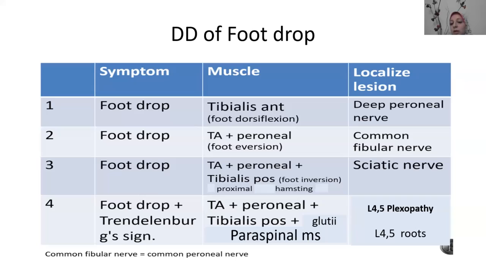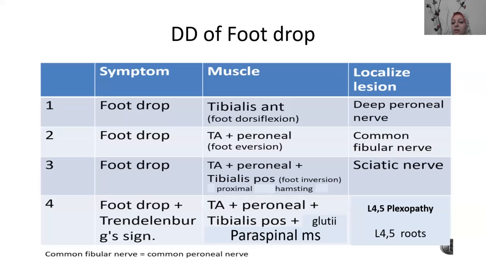If it is confined to the deep peroneal nerve only, the superficial peroneal SNAP will be normal. EMG affection will be only for the tibialis anterior muscle, and peronei will be preserved, and tibial innervated muscles will also be preserved.